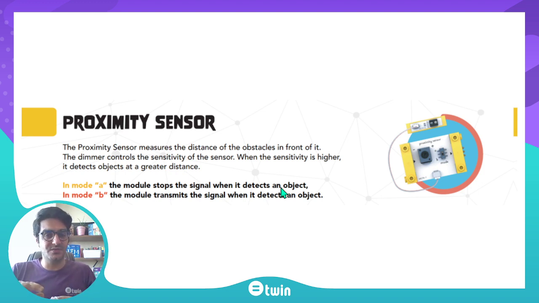If you switch it to mode B, the module transmits the signal when it detects an object, meaning that when it sees an object, it sends the signal 1. Until it sees something in front of it, it doesn't send anything at all.